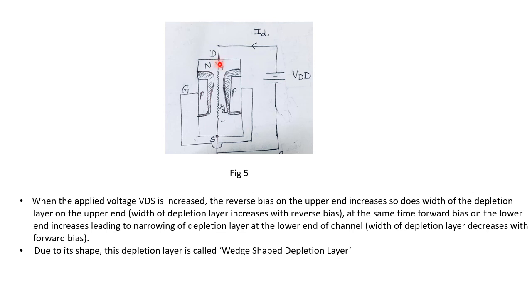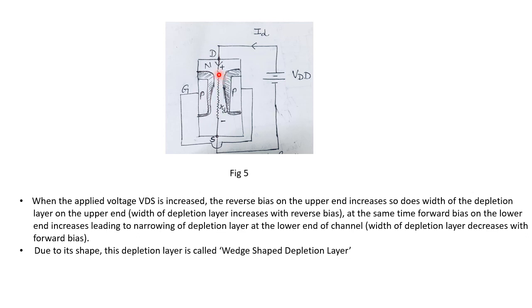So the conventional current is entering this resistance from this end, and coming out of the resistance from this end. The end of the resistor through which the positive charge is entering will be at a higher, positive potential, and the end from which the positive charge is coming out will be at a negative potential.